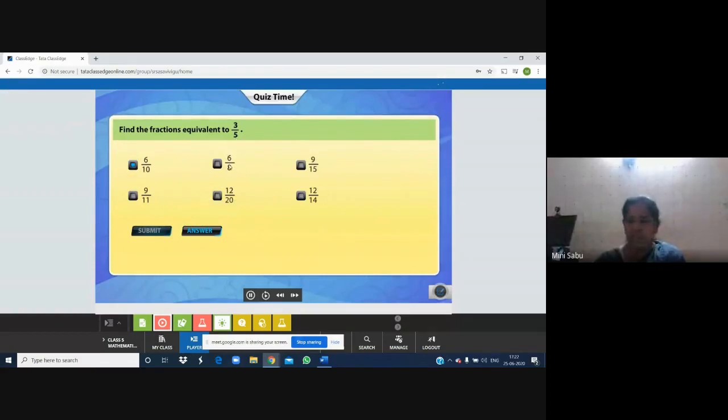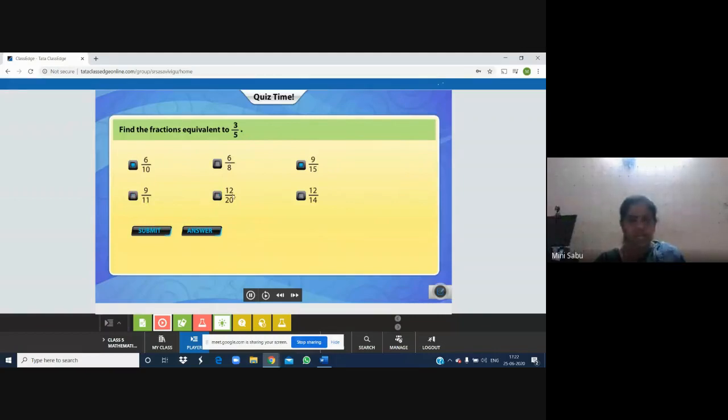Then, what about this? 3 multiplied by 2 is 6, but 5 multiplied by 2 is not 8. So, it is not. 3 multiplied by 3 is 9. 5 multiplied by 3 is 15. So, is it an equivalent fraction? Yes. Then, 3 multiplied by 3 is 9, but 5 multiplied by 3 is not 11.